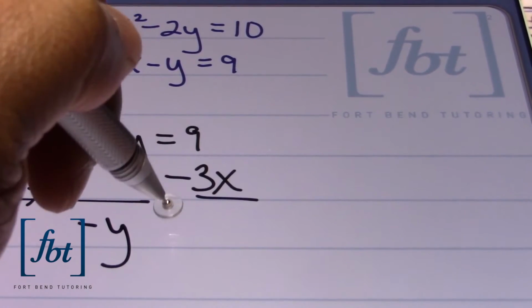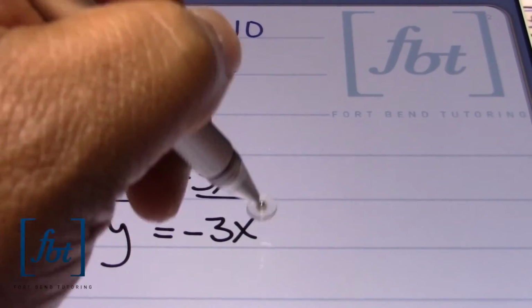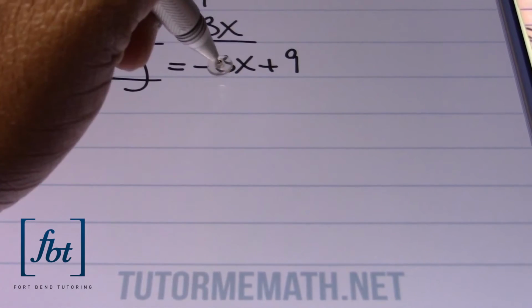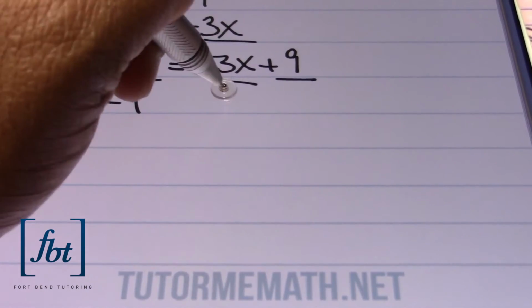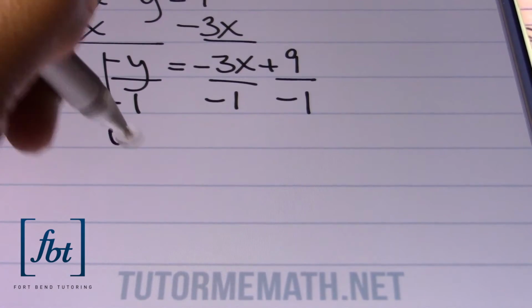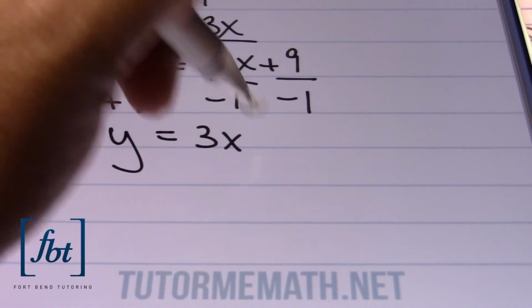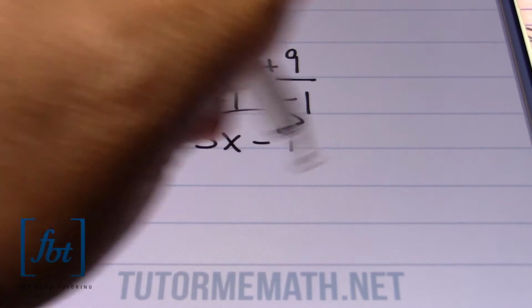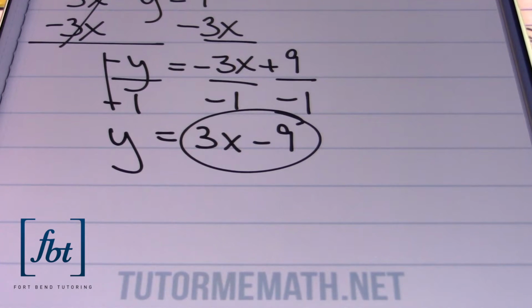We'll be bringing down negative y, which equals negative 3x plus 9. From here, we'll be dividing each and every term by negative 1 in order to solve for a positive 1y, and therefore we end up with a positive y equals 3x minus 9, and this is going to be our value for y that we'll be able to plug in to the first equation.